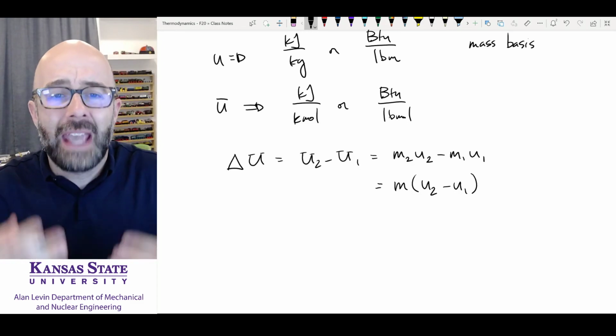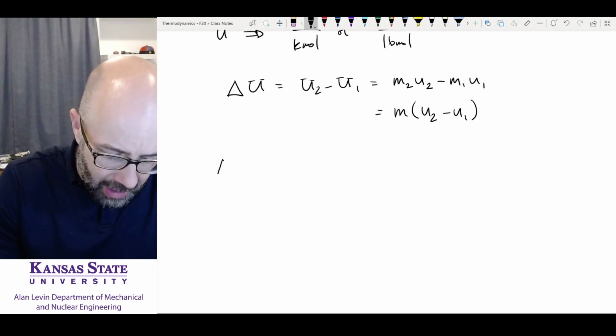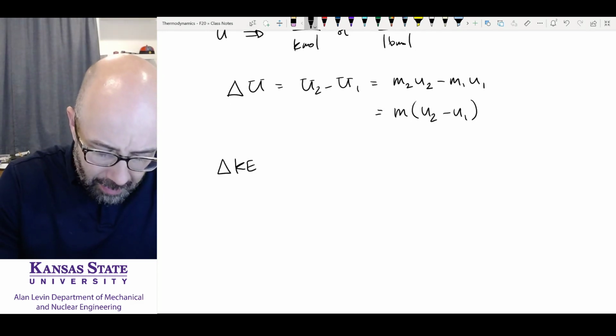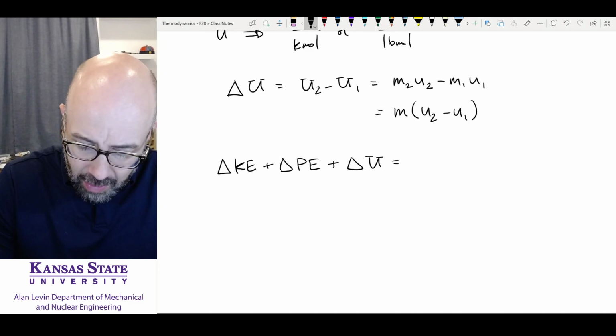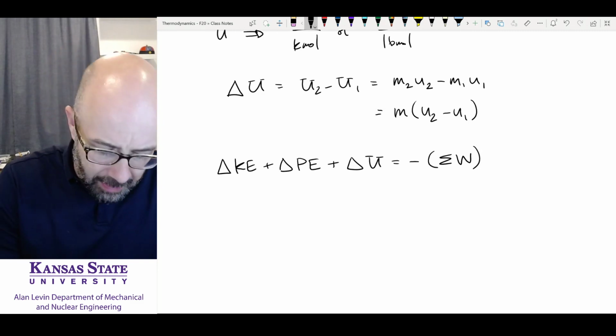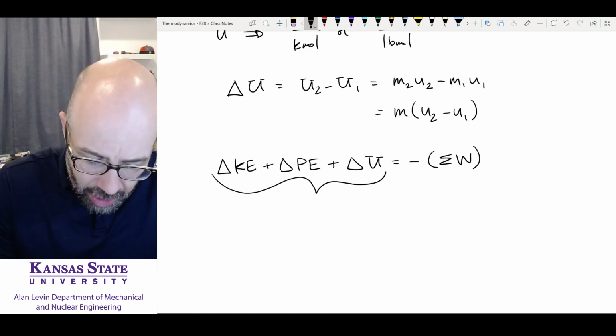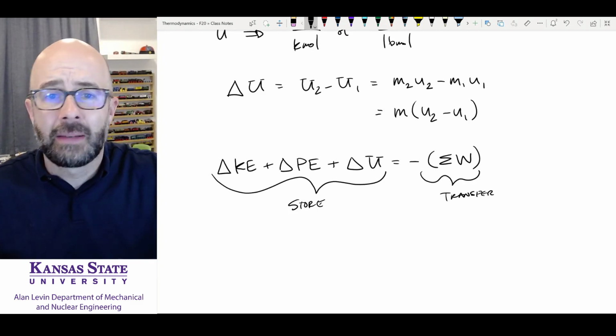So now what we have so far in our equation is this. The change in kinetic energy plus the change in potential energy plus the change in internal energy is going to equal minus the summation of my work, all the different kinds of work. Remember, this is all the ways we can store energy. This is all the ways we can transfer energy. Everything on the left-hand side is a property.